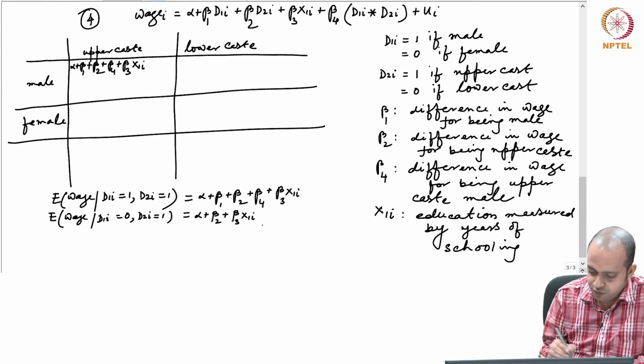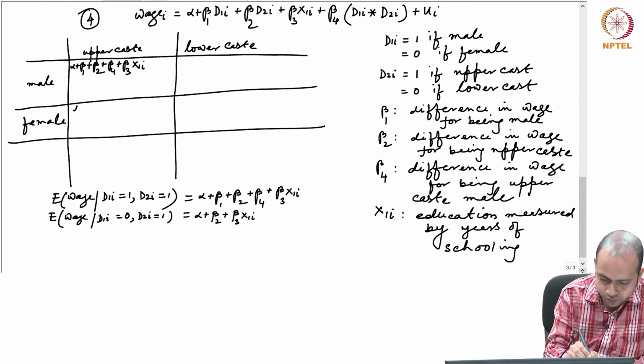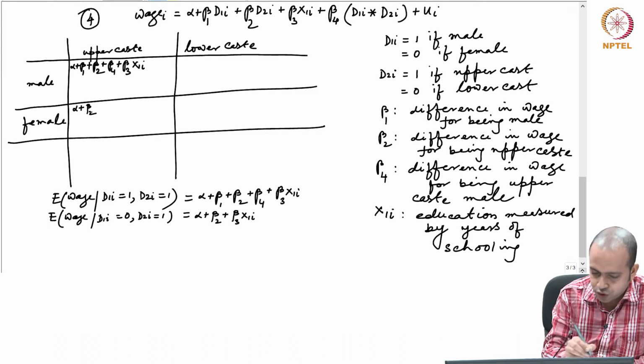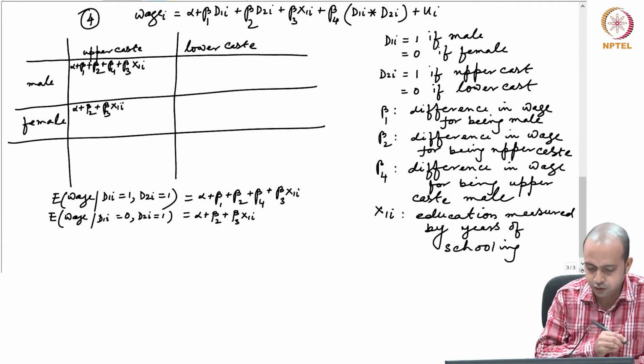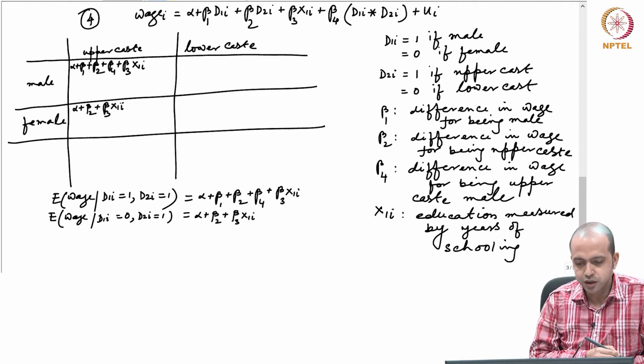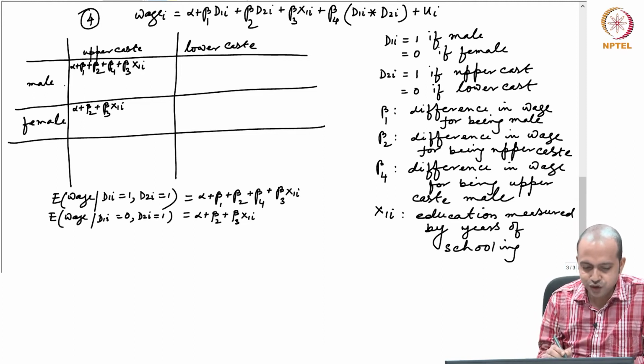So this will become alpha plus beta 2 plus beta 3 x1i, right.